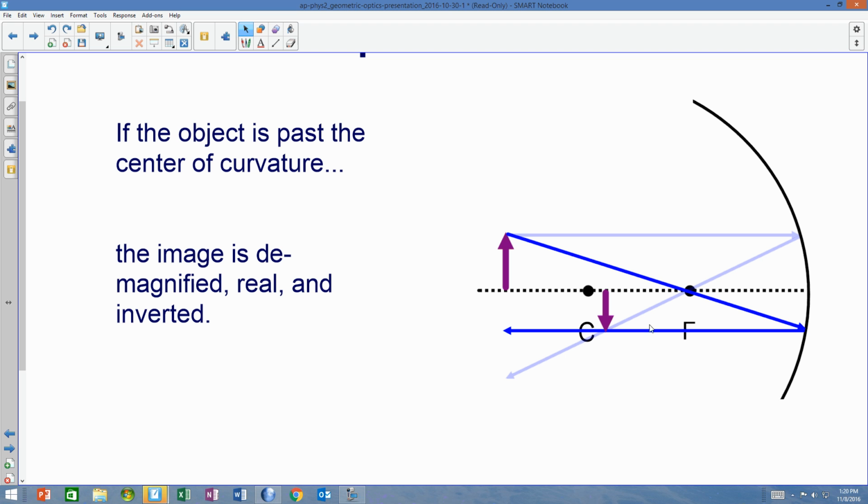Notice it's a little bit off on their drawing. The last one would be to hit the principal axis and come back at the same angle. That's kind of tricky because you actually have to measure that. But with the first three rays, you don't have to measure any angles at all. Notice that this image is going to be inverted, which makes it real, but notice it's actually smaller.